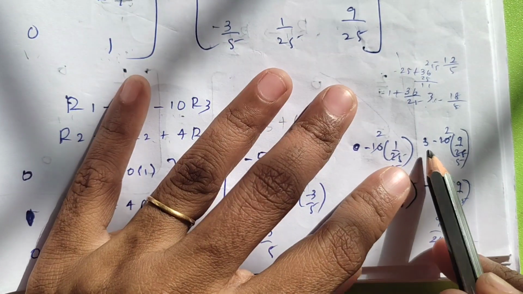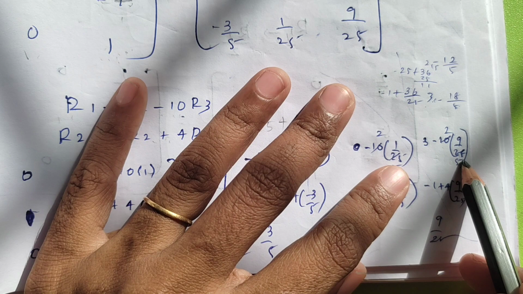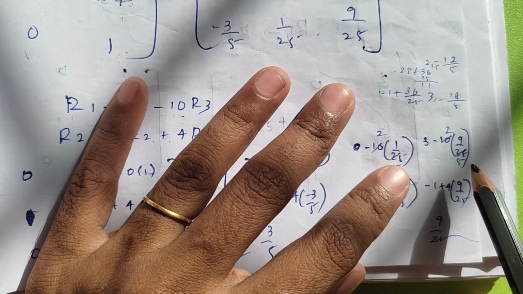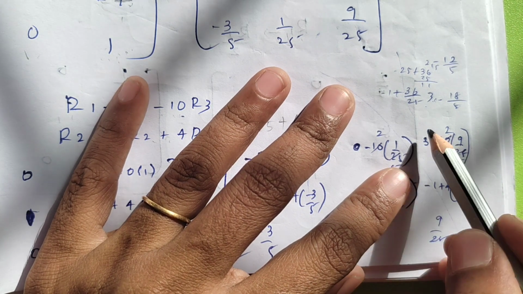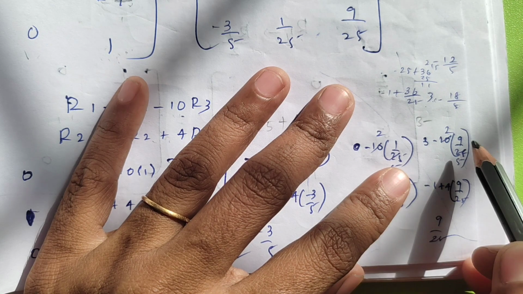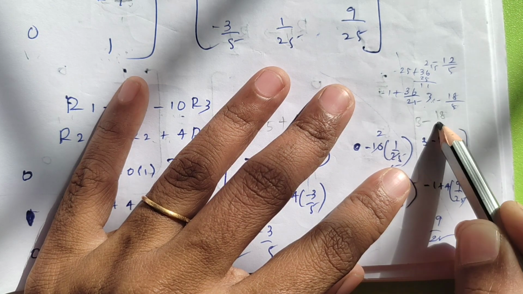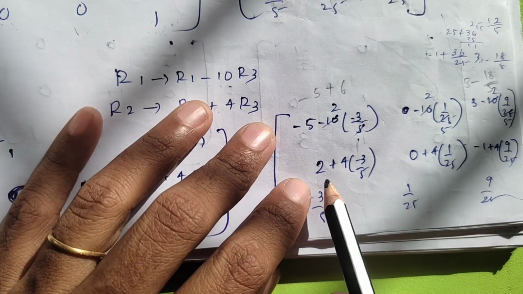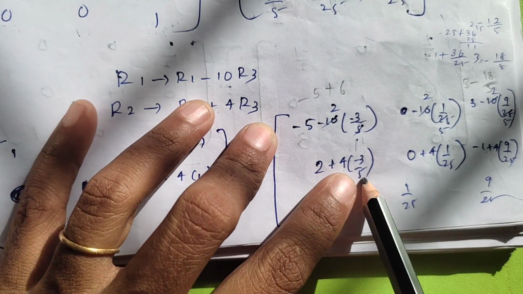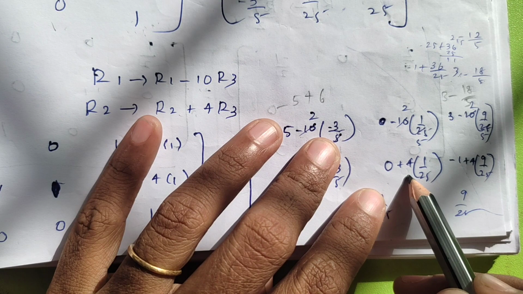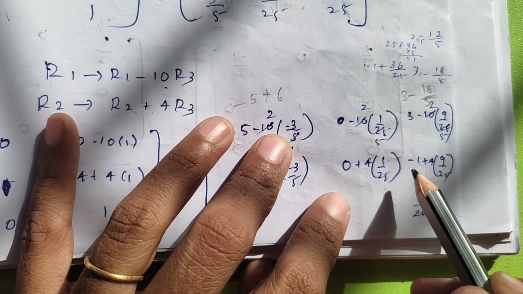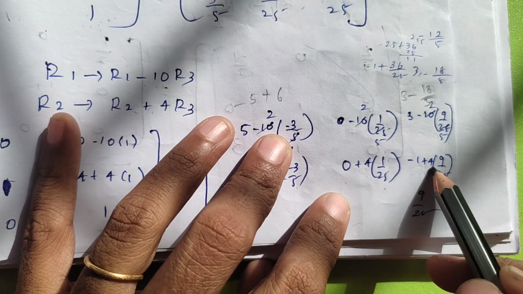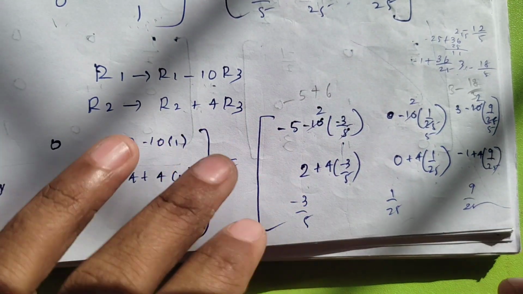Here again 3 minus 10 and 25 will get cancelled, 2 by 5. So 3 minus 18 by 5. Here 2 minus 12 by 5. 0 plus 4 by 25. Minus 1 plus 36 by 25.